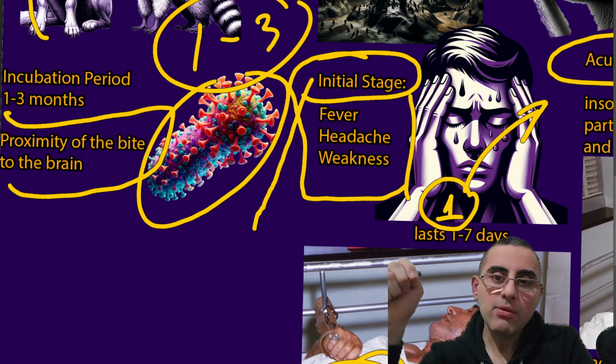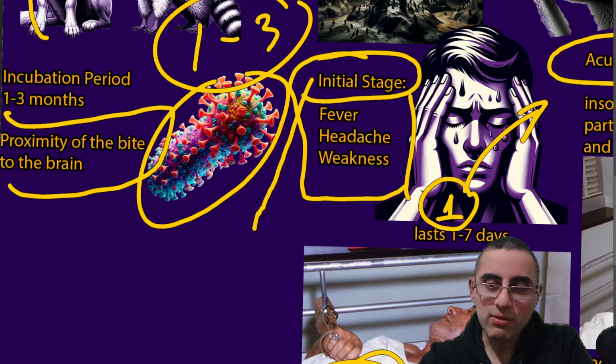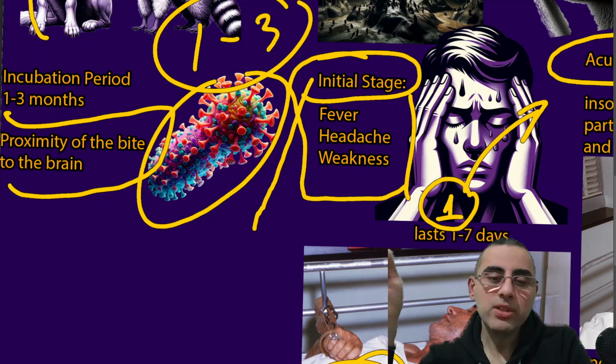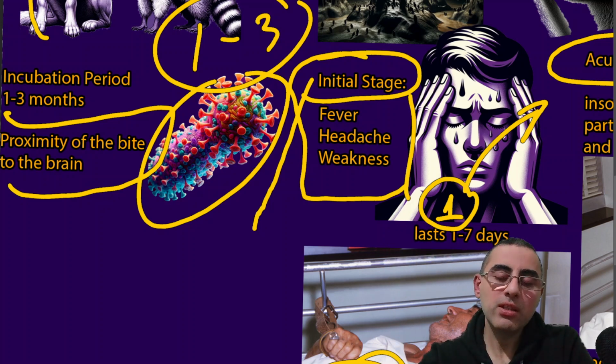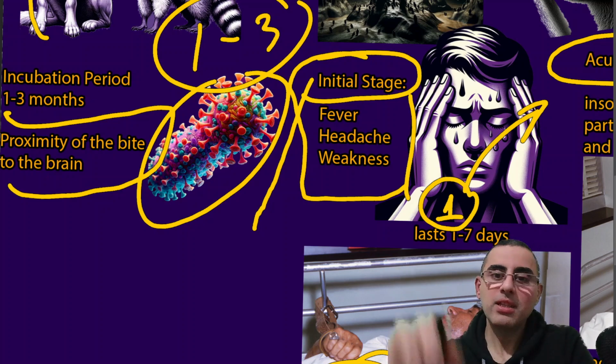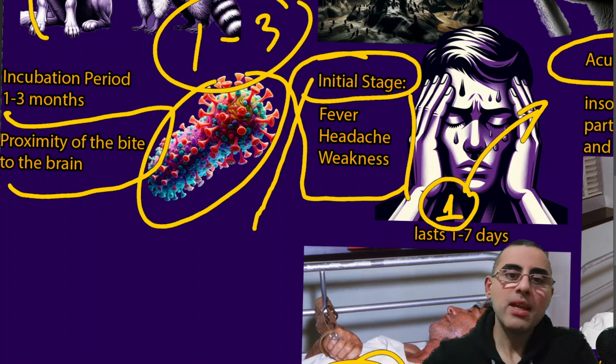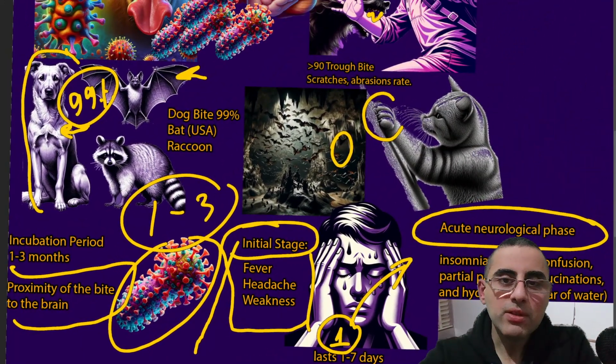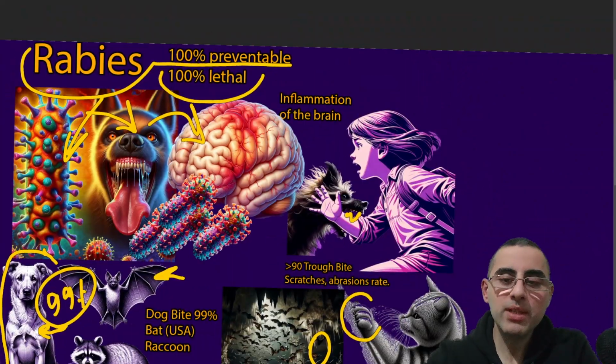We need vaccination and we need to observe this animal. But if this dog is our dog, or if our dog is vaccinated also, then we just wait and watch for 10 days. If this dog is well and no problem, then no need to worry. That's the main principle of rabies.